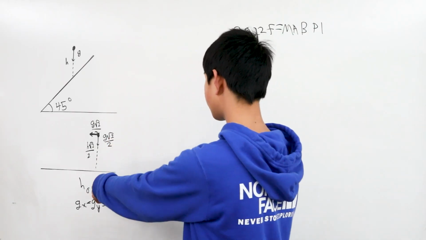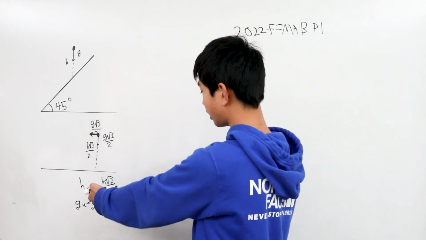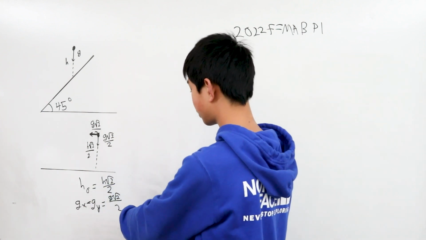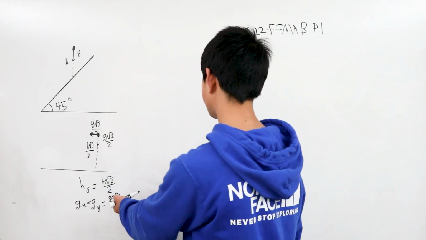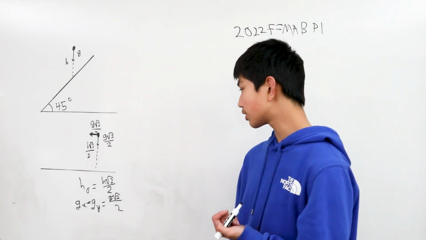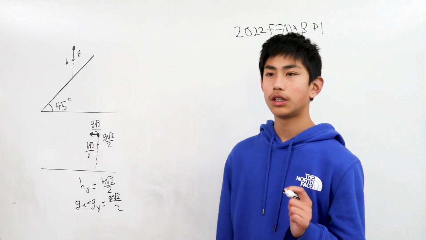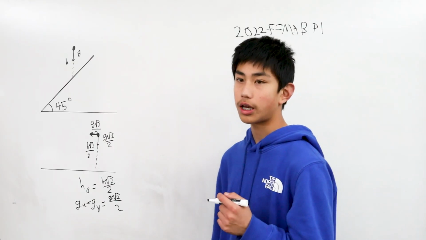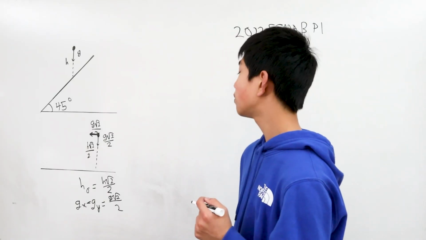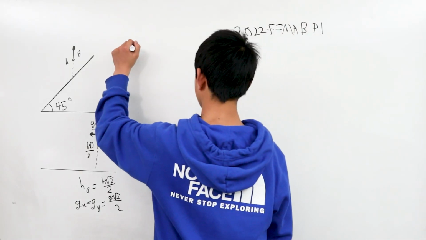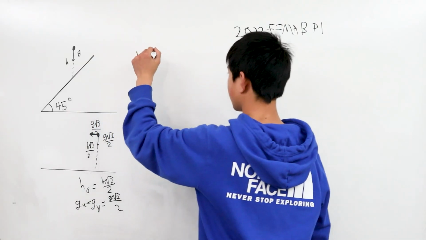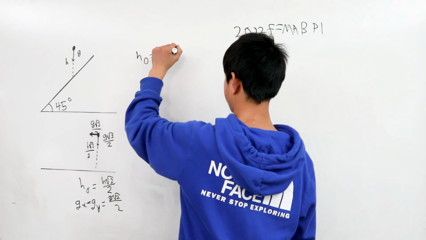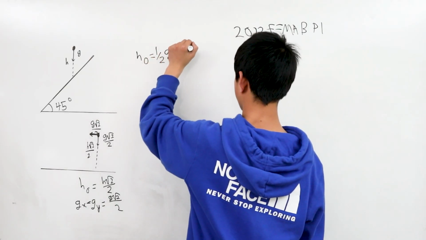So the initial height where it's held above is h0, or h root 2 over 2, and again the gravitational force is, as stated, g root 2 over 2. Now we can find a definition for the time, because in kinematics, the height, in this case h0, is 1/2 times g of y, t squared.